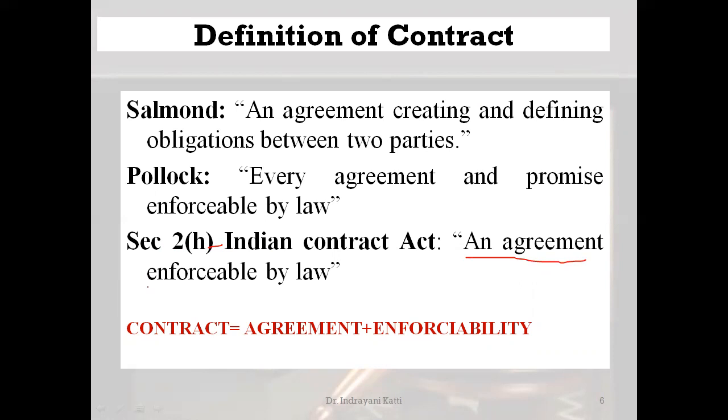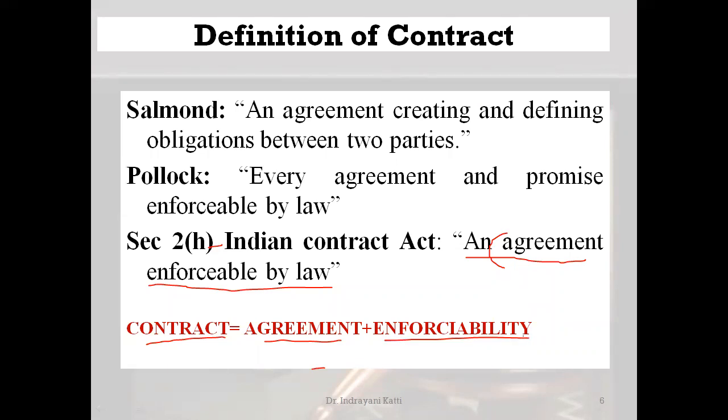It means to make a contract, an agreement is very important, and that agreement should be enforceable by law. It means there should be legality. To understand it better, I have made one formula: contract is equal to agreement plus enforceability.